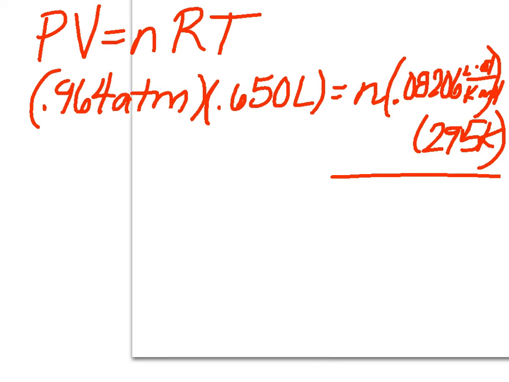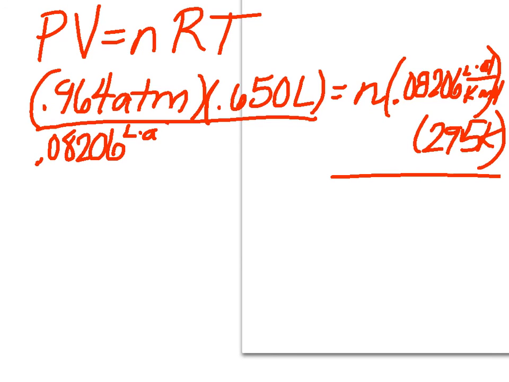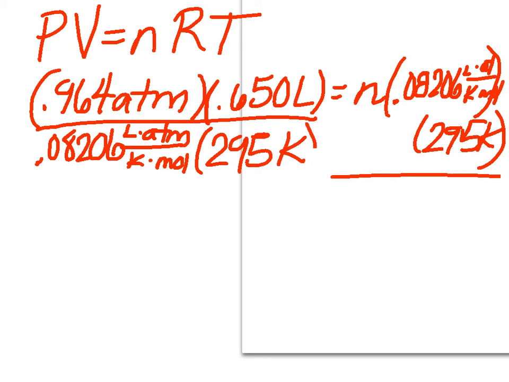To isolate n, we're then going to divide both sides by 0.08206 liters times atmosphere over Kelvin times mole times the 295 Kelvin.